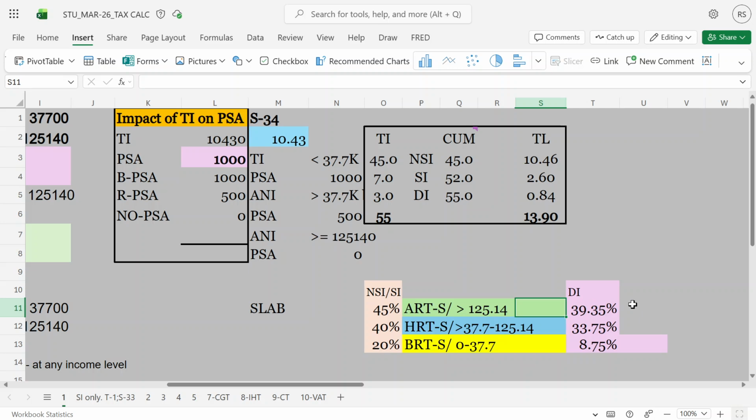That's the reason why we need to write the cumulative number. Now you understand why we are keeping track of this cumulative figure: because we need to know which band we are in. Strictly speaking, it's not about the amount of that type of income.